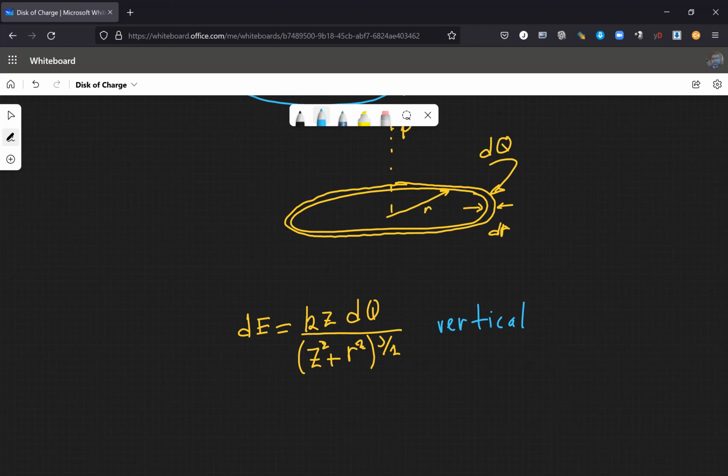So what is the charge dq? The charge dq is sigma, the area charge density, times the area of one ring. What is the area of one ring? Look at this ring right here. It looks like a strip. What if I cut it here and unwrap it?